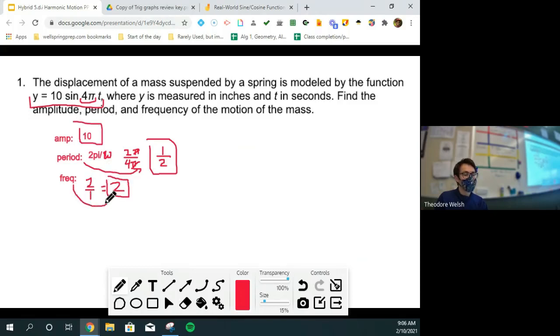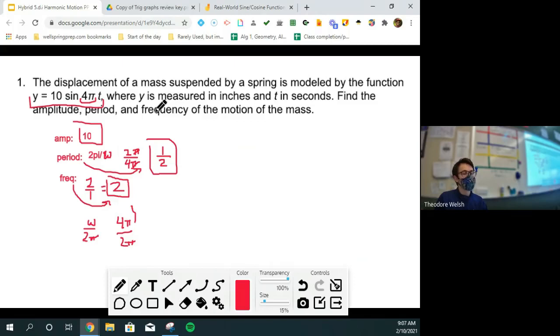The other way to think about frequency is that it's also omega over 2 pi, or B over 2 pi. So 4 pi over 2 pi, because that's our b value, which again is 2.